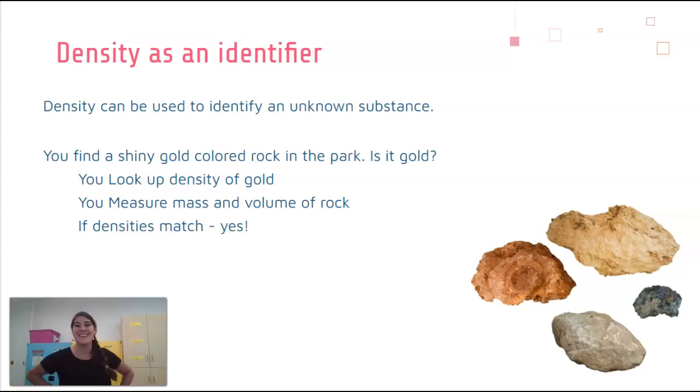The internet has densities of numerous substances out there that we can take a look at. And so once you find the density of some sort of object, whatever it might be, you can look online and see if those densities are similar. Things are never going to be exact. There's rounding, there's maybe some extra dust on there, some extra dirt. So we're looking for closeness to a density.